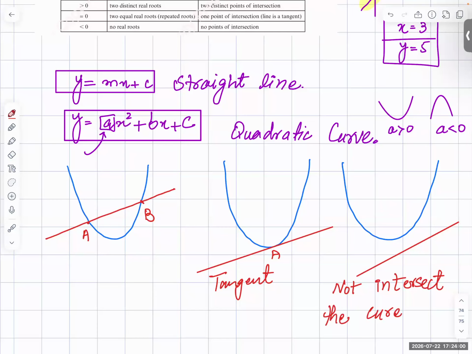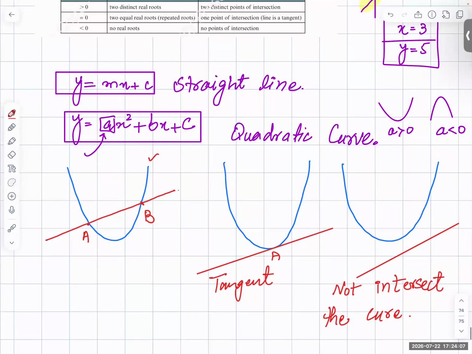Ahmed, are all these three cases clear? While solving a quadratic curve and a straight line, these are the three possibilities that can occur. Okay? Right? Ahmed, is that clear?